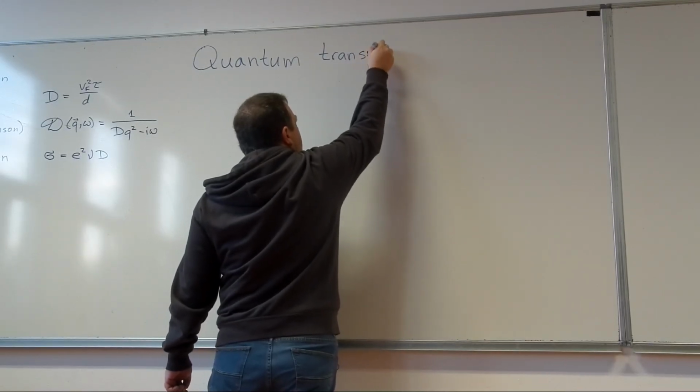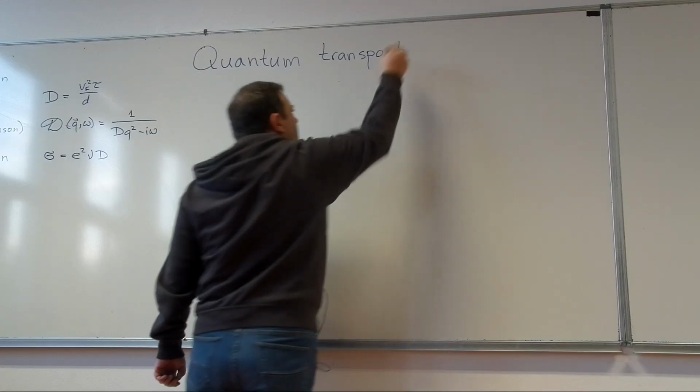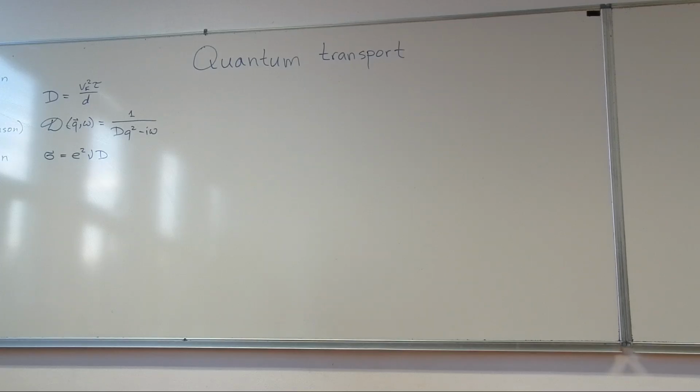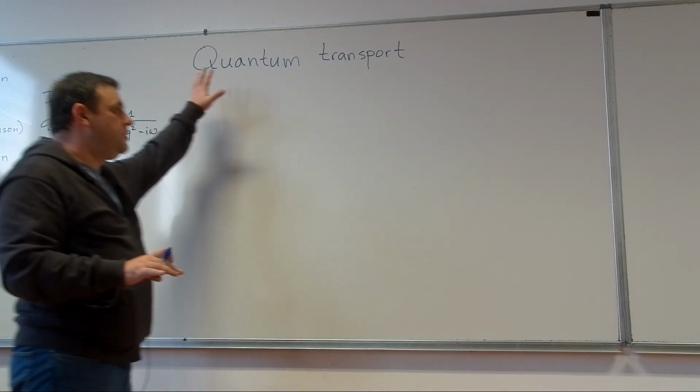Transport means any effect when you have a current, when something flows somewhere. The main object that we are studying is a metal with impurities, and electrons in this metal scatter on the impurities.